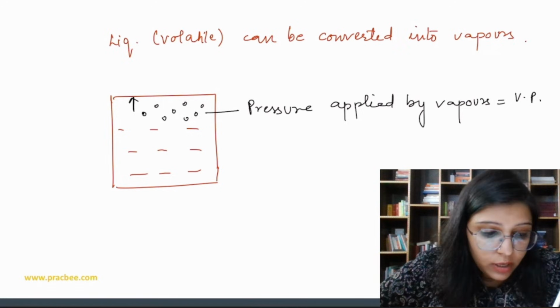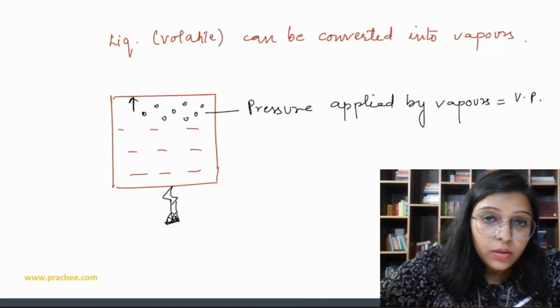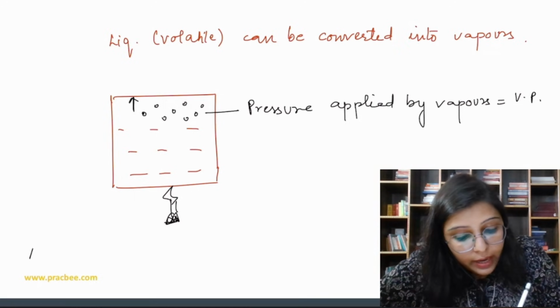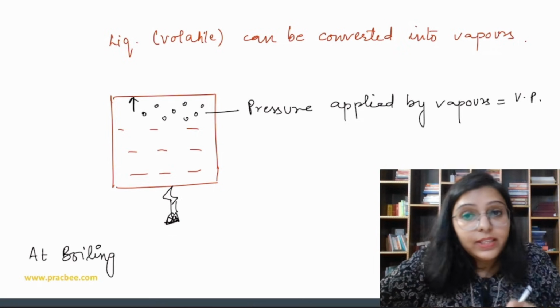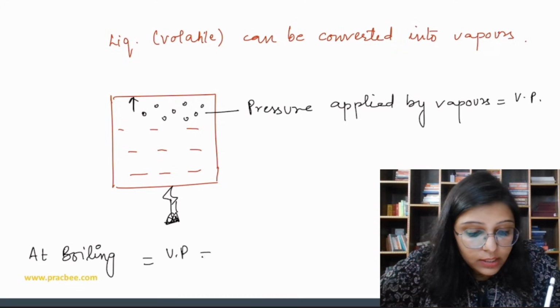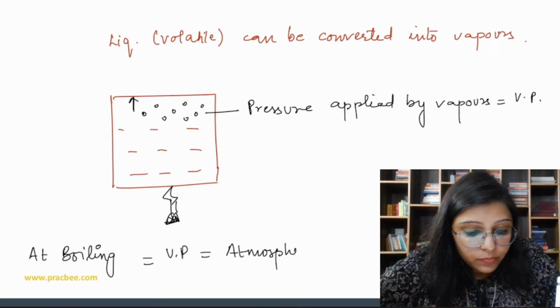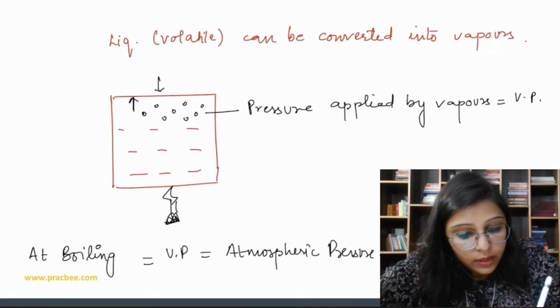Now suppose you are heating this. Boiling can start. When can we say boiling starts? When vapor pressure is equal to the atmospheric pressure, then we can say boiling starts.